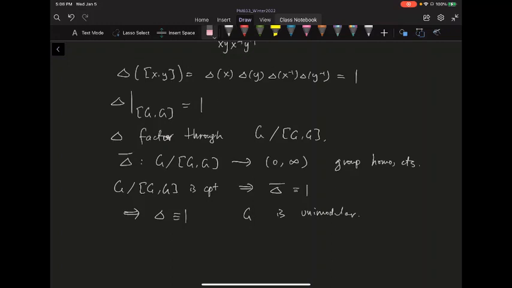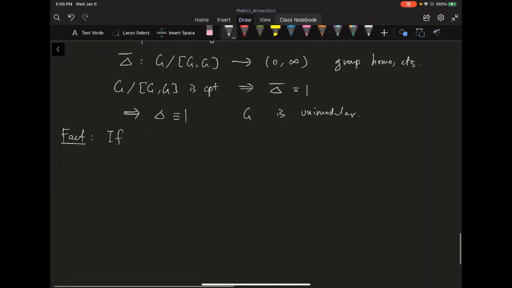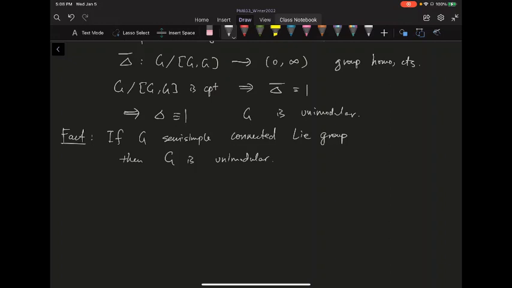As an application of the last point, it tells us something about Lie groups. I'll write it as a fact here: if you have a G that's semi-simple, meaning it's a direct product of simple Lie groups, and connected in the topological sense, then G is unimodular. This uses some facts from Lie theory.